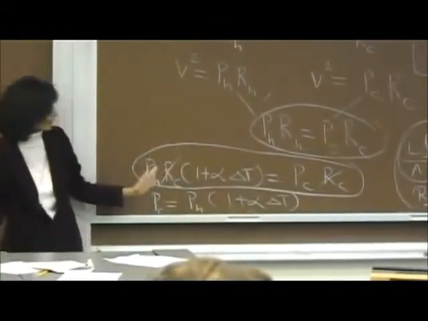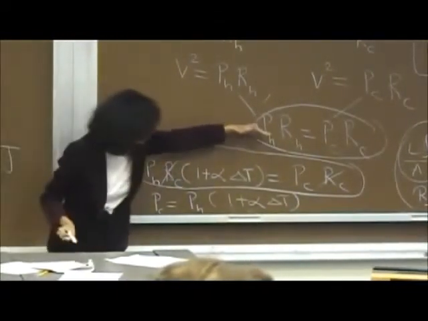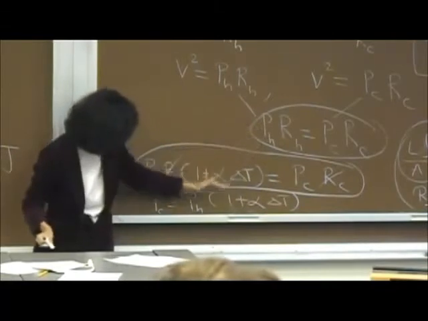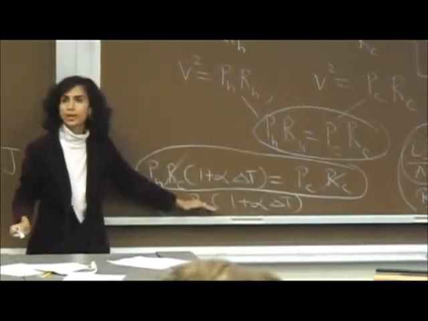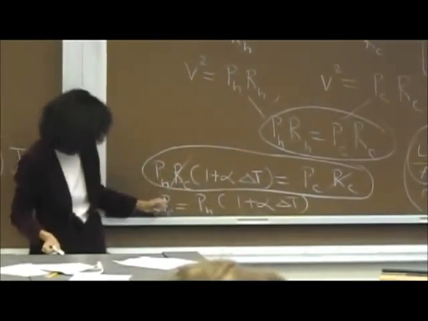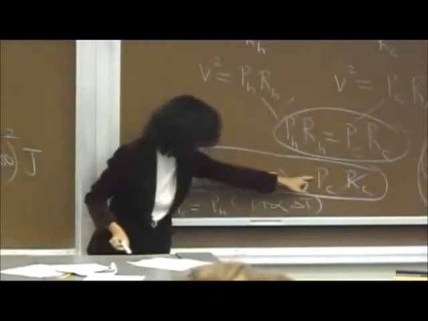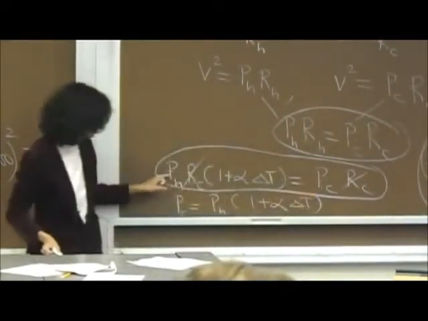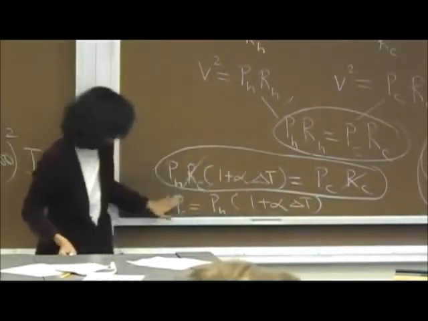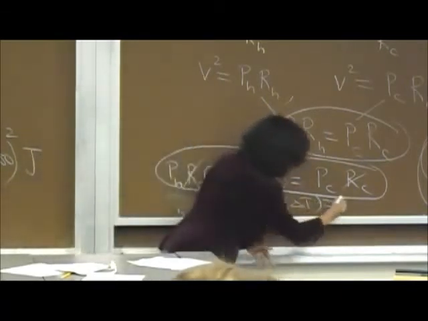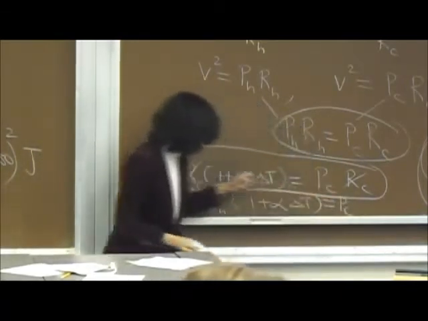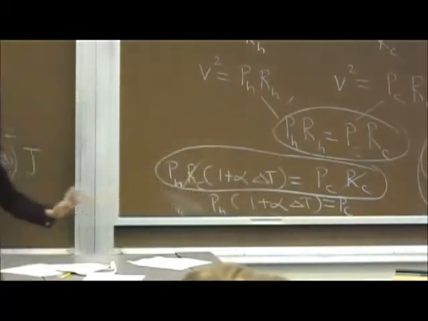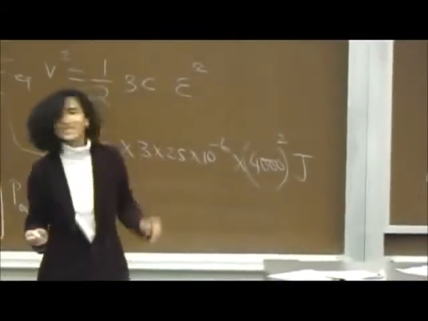It's all very systematic. We went from here to here to here. All I have done is P sub C equals P sub H times 1 plus alpha delta T. If you like, let's even keep it on this side if it makes it look better. I've done nothing. All I've done is cancel out R sub C from both sides.